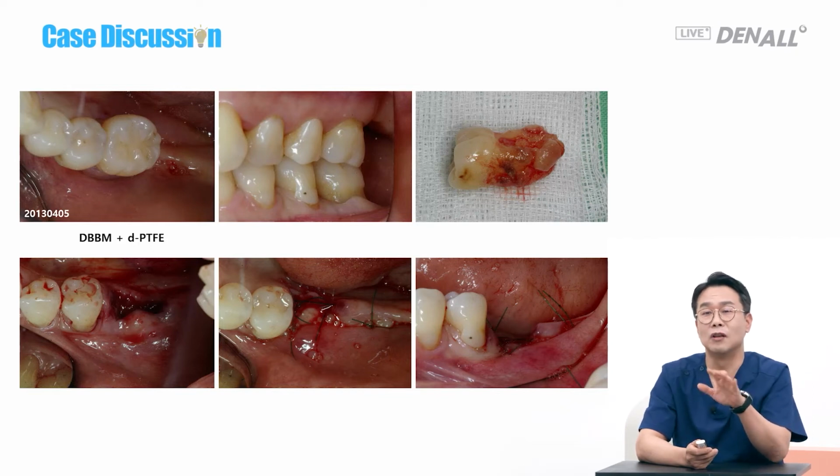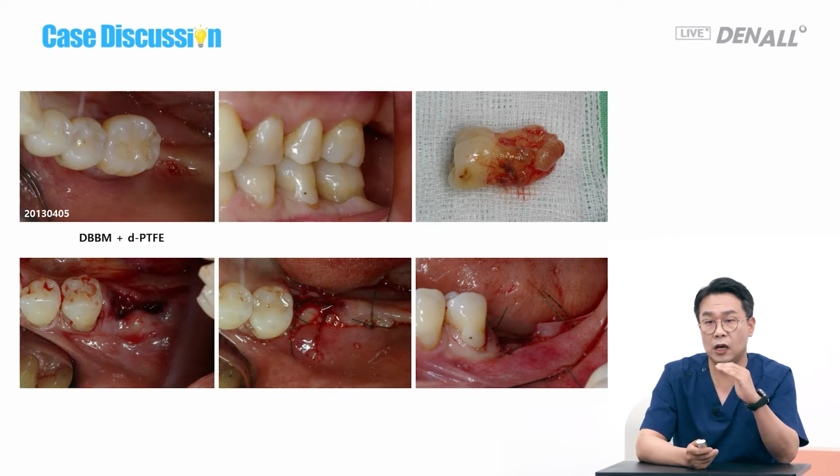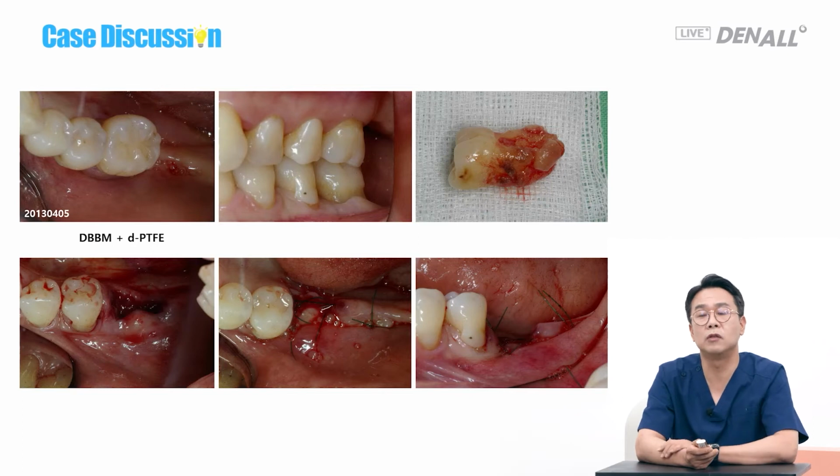The tooth was extracted. It is not visible here, but the extraction socket was cleaned and the DPTFE membrane was inserted, which is not visible, and the DBBM is done, and primary closure was achieved to get a flat ridge rather than a concave ridge.